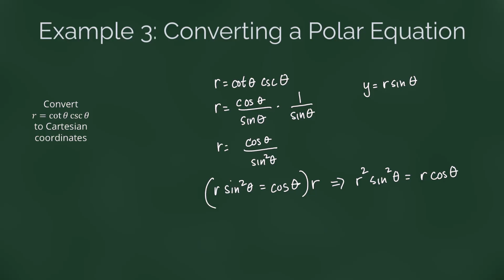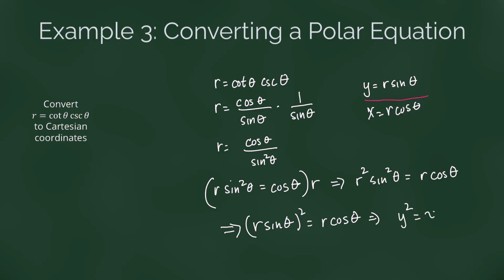Now, not only do we have our relationship y equals r sine theta in there, but we also have our relationship x equals r cosine theta in there, so that this equation becomes, first we'll rewrite the left as r sine theta squared, so that we can very obviously see now that this is the Cartesian equation y squared equals x, which we know is a parabola. It has its vertex at 0, 0, and it opens to the right.